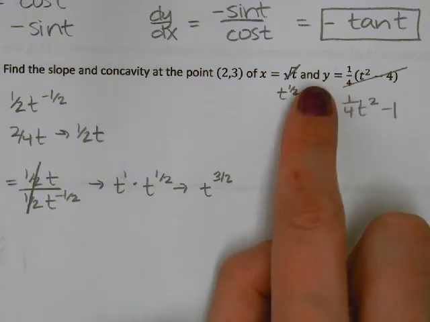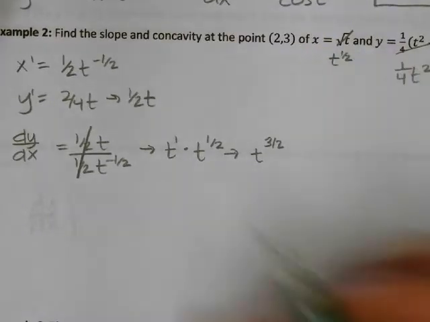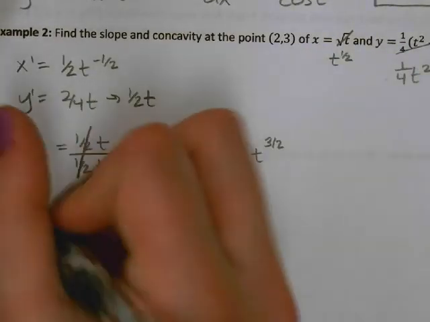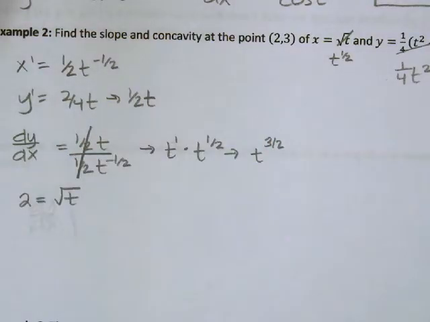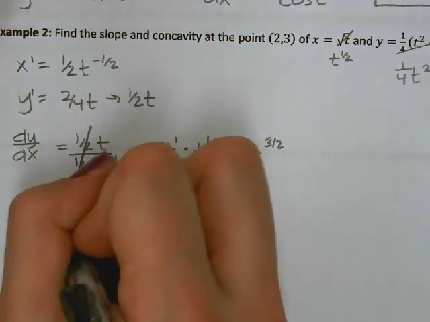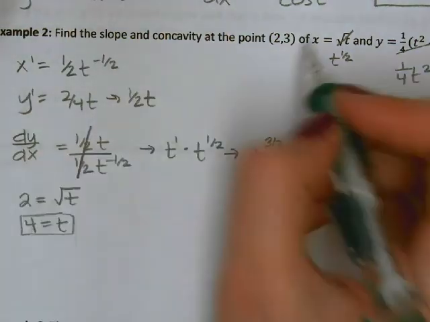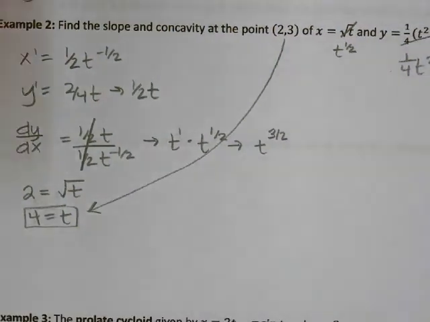I'm going to plug 2 in for x because it looks a little easier to me. I get 2 equals the square root of t, and then I square each side, so 4 equals t. So at this point the time is 4 seconds or 4 minutes or whatever the units happen to be.